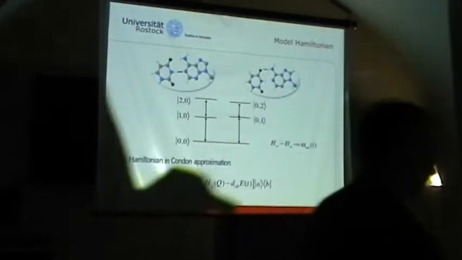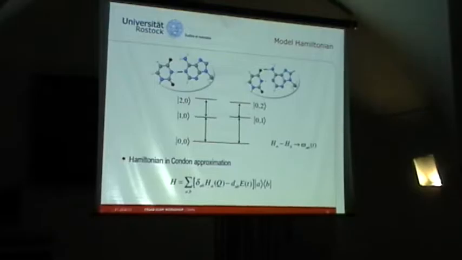You have the ground state, then you have those two excited states which involve excitation of this hydrogen bond, and then you have the two excited states which involve excitation of that hydrogen bond. And doing the same approximations, like the Hamiltonian-Condon approximation, no non-adiabatic transitions, that's the Hamiltonian. And basically then what you need to know is just all possible gap fluctuations between all different transitions which you have in this model.